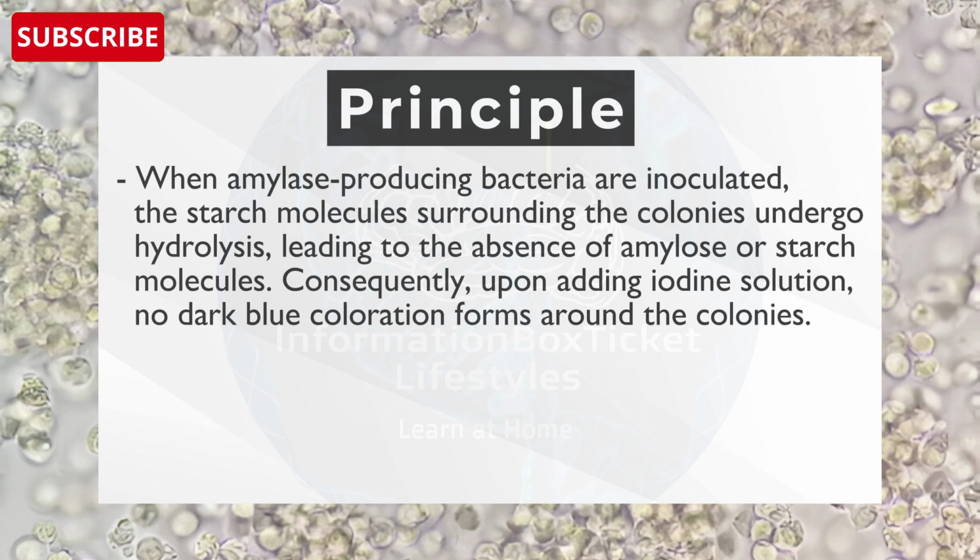When amylase-producing bacteria are inoculated, the starch molecules surrounding the colonies undergo hydrolysis, leading to the absence of amylose or starch molecules. Consequently, upon adding iodine solution, no dark blue coloration forms around the colonies.